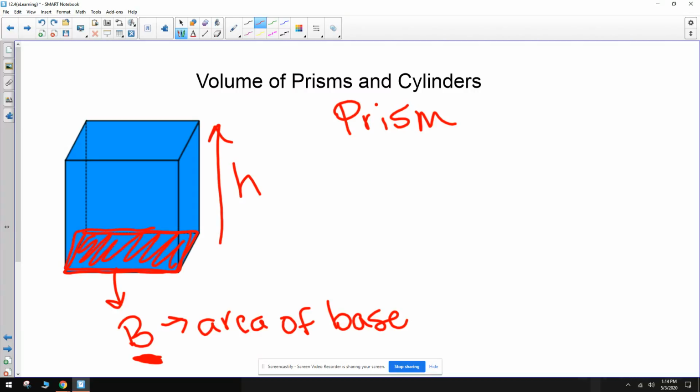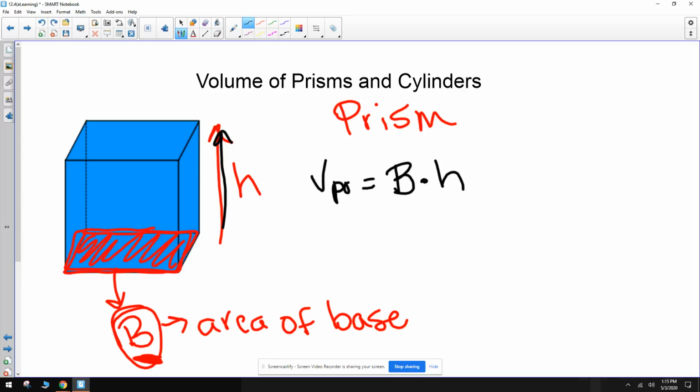But if I had something like a polygon base, I would have to use 1/2 times perimeter times apothem. So this is going to be determined by what my shape is for the base. But in general, the volume formula for a prism is the area of the base times the height. I have to multiply the height so I can go all the way up and get every space inside.